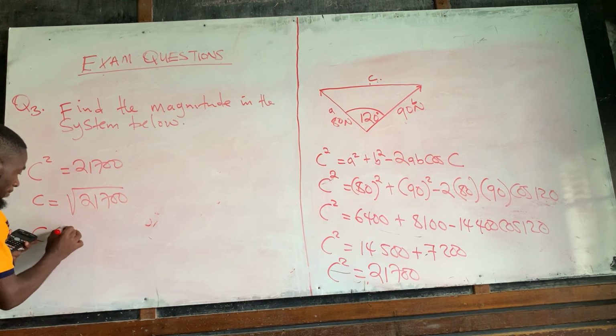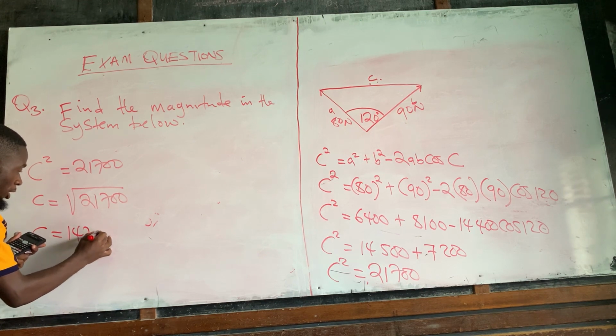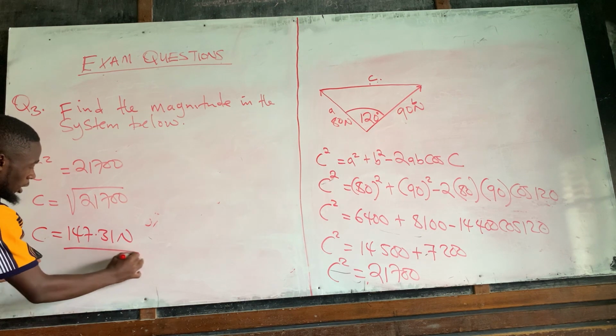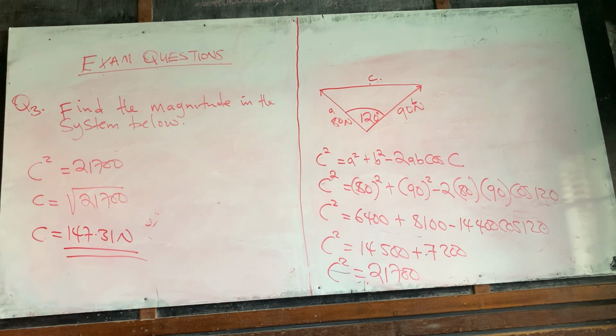C is 147.31 newtons, which is the result. So this is the answer we wanted.